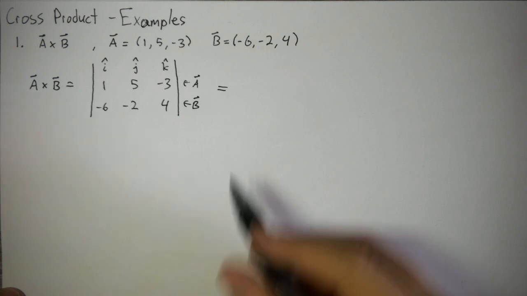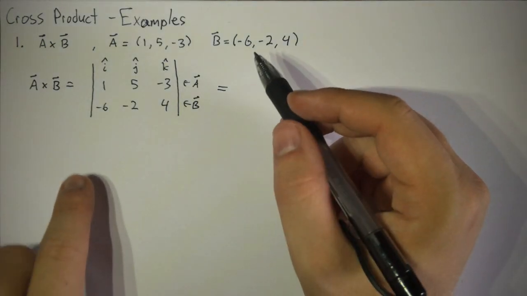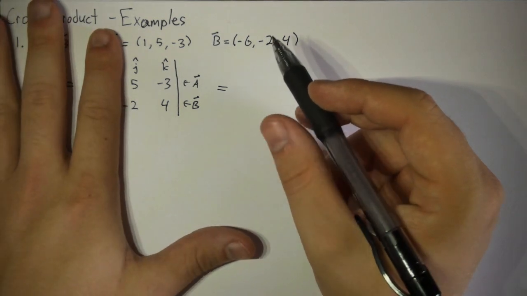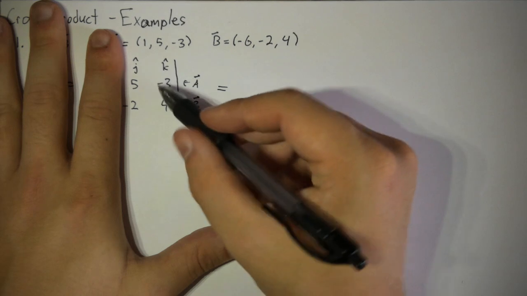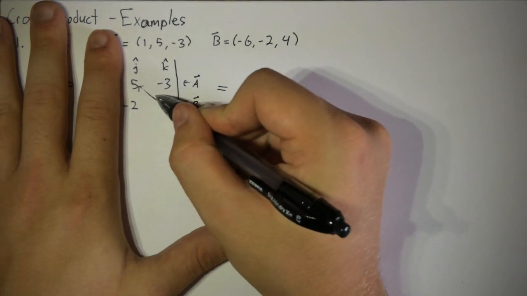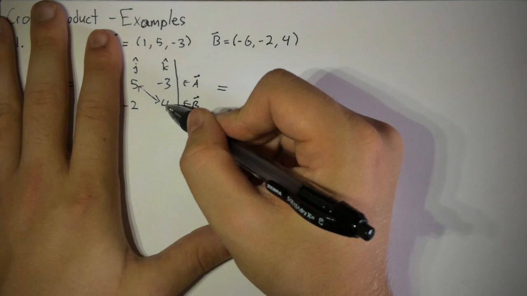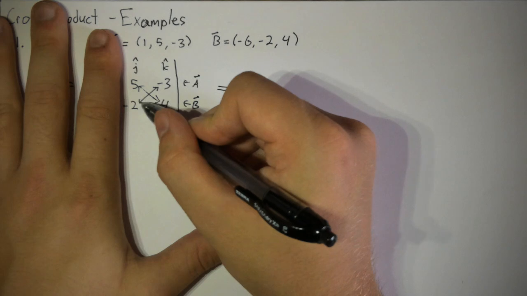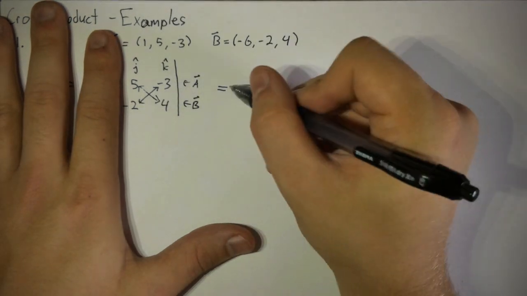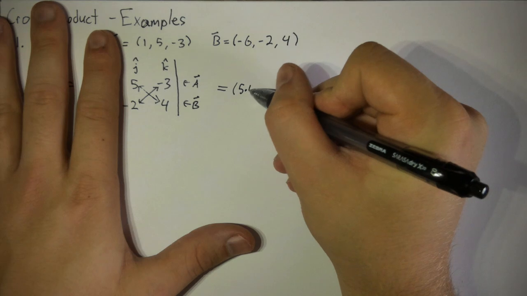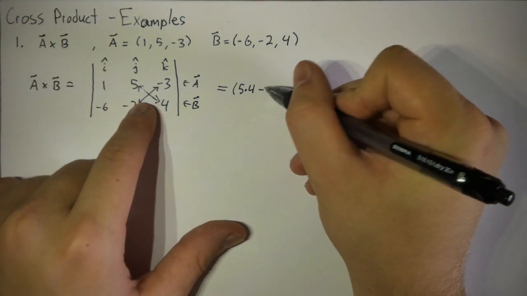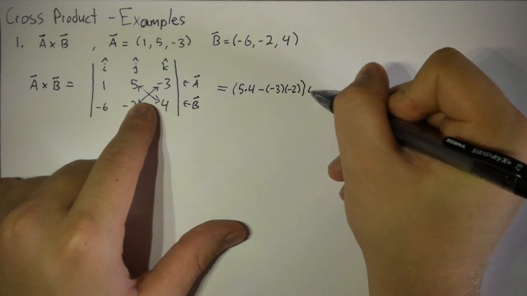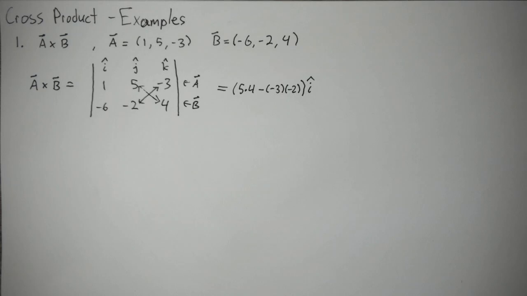If I want to solve for the y component, I cross out that y component and then I multiply across from top left to bottom right, and then I subtract the multiplication of these two. So I'm taking 5 times 4 minus -3 times -2, and that is our I component.